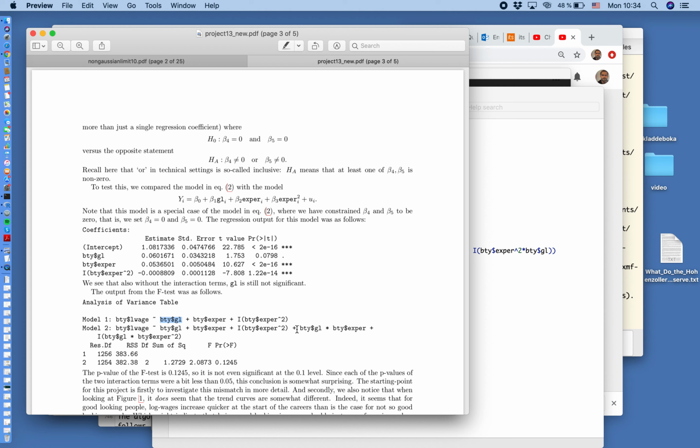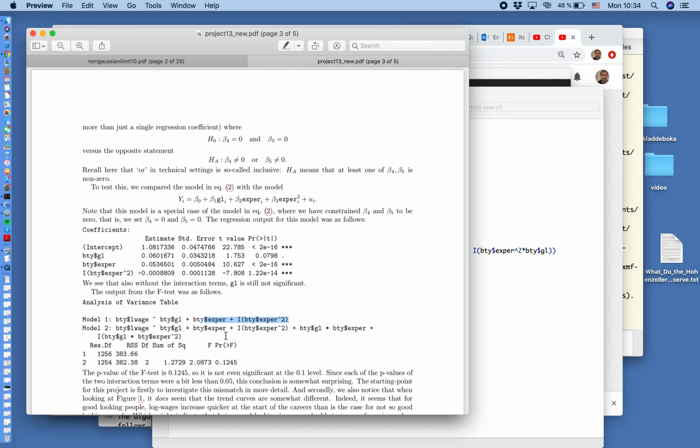Now this bigger model lets the effect of experience differ between the two groups. Well, this model says the effect of experience is the same for the two groups. So that's the difference between the two models, that this is more flexible in a sense. You can have two different effects of experience, while here we can only have one. While they do both allow for the intercept being different for the good-looking and the not so good-looking group.